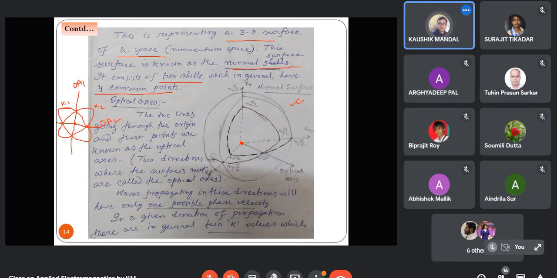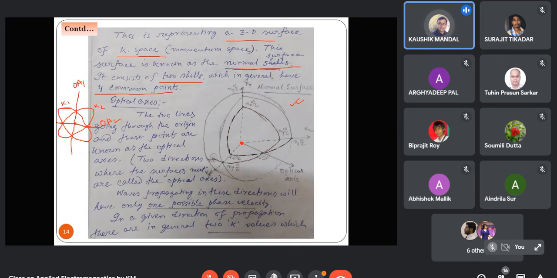This type of surface we can imagine or consider from the wave equations. We have considered the matrix form, then we have considered the determinant. For the non-trivial solution, the determinant should be 0. From the determinant or from the last equations, it can be represented as a 3D surface over the momentum space or k space. So it is basically the consideration of overlapping of two shells. They are concentric.